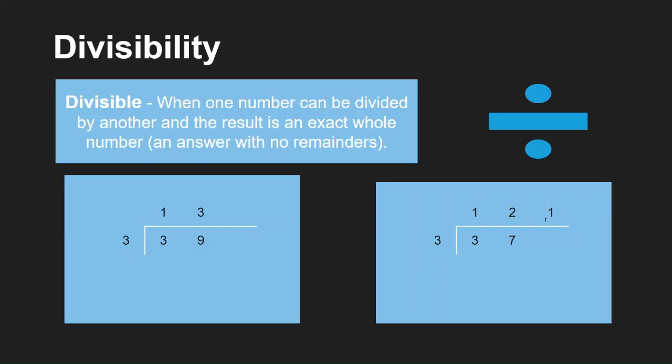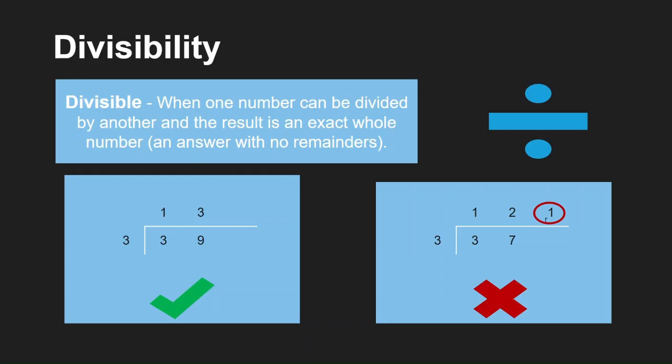However, 37. 3 goes into 37 12 times, but there's 1 left over. There's a remainder. So it's not a whole number that you get at the end. So it is not divisible. 37 is not divisible by 3. So 39 is divisible by 3, and 37 is not. 3 goes into 39 13 times exactly. 3 goes into 37 12 times, but has a little bit left over, so it's not divisible.